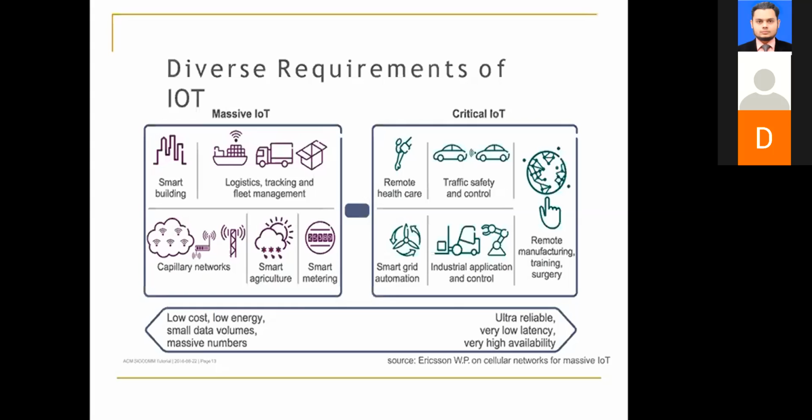Look at the bottom part of the slide. Critical IoT requires a network which is ultra reliable. An ultra reliable network is required for critical IoT applications, for example traffic safety, surgery, smart automation, etc. They also require very high availability.